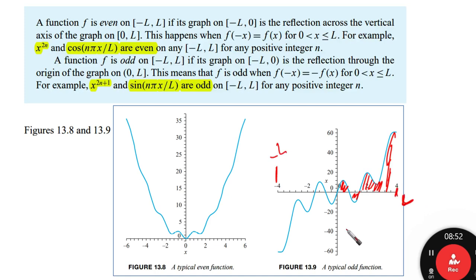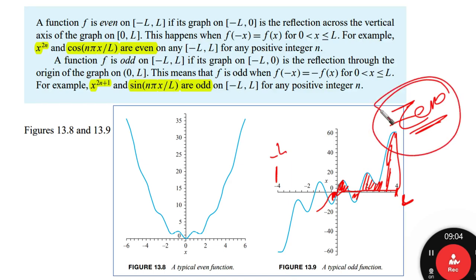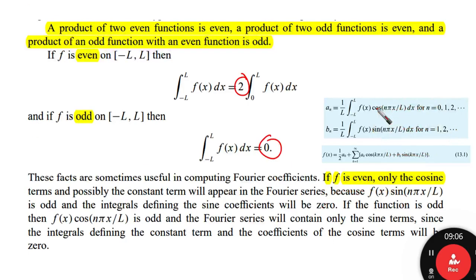Exactly, it is going to be zero, because whatever you are doing on the right is going to be subtracted on the left, right? So the summation of the integration is going to be 0. If the function is odd, this means that the integration from minus L to L of the function equals 0.